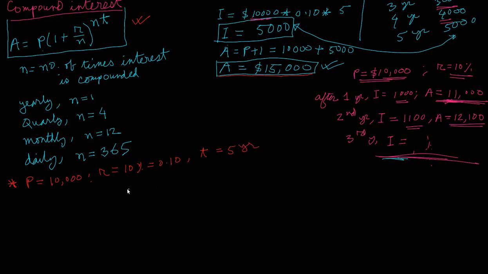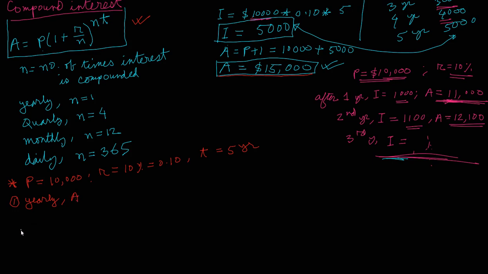And what I want to find is the amount of money John has to pay back if interest is compounded yearly. So what is the amount of money he has to pay back?